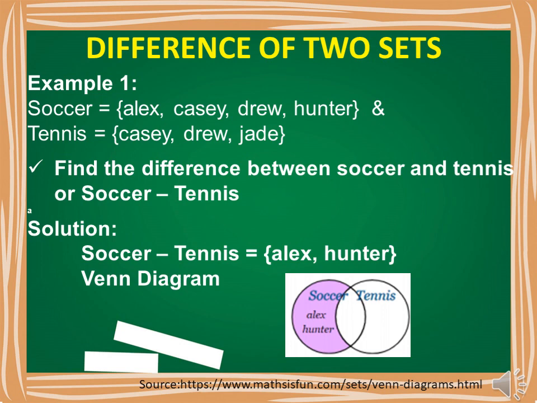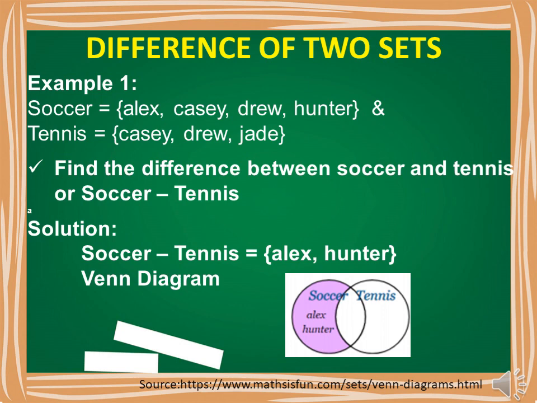Drew is also eliminated. But Jade is the only element for tennis which soccer doesn't have. So therefore our answer, when we get the difference between tennis and soccer, is Jade.